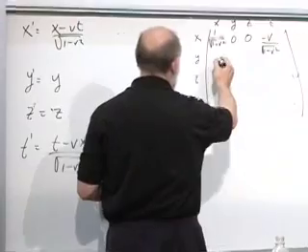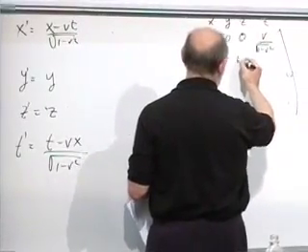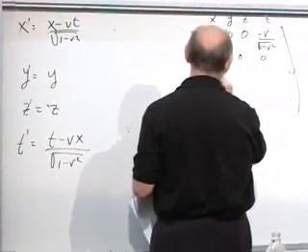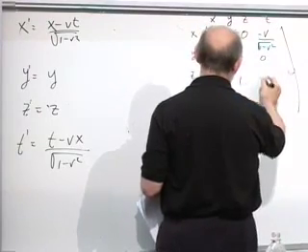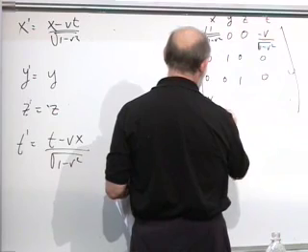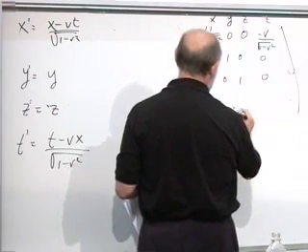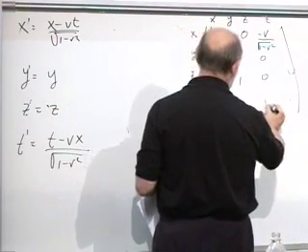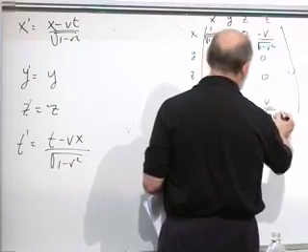Then 0, 1, 0, 0. 0, 0, 1, 0, and minus v over square root of 1 minus v squared, 0, 0, 1 over square root of 1 minus v squared.